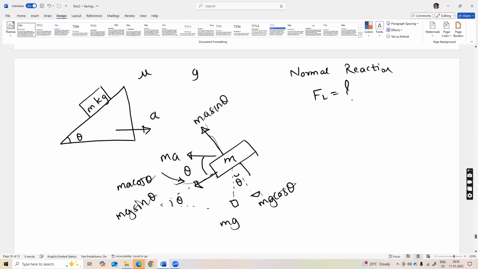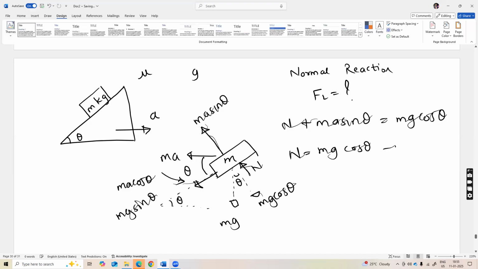Normal reaction acts in this direction, so N plus ma sin theta is equal to mg cos theta. So the normal reaction here is mg cos theta minus ma sin theta.